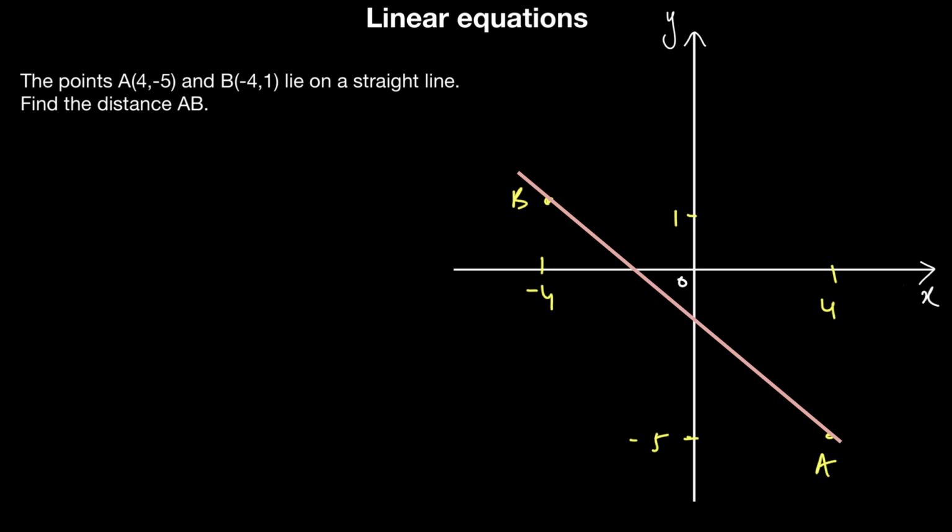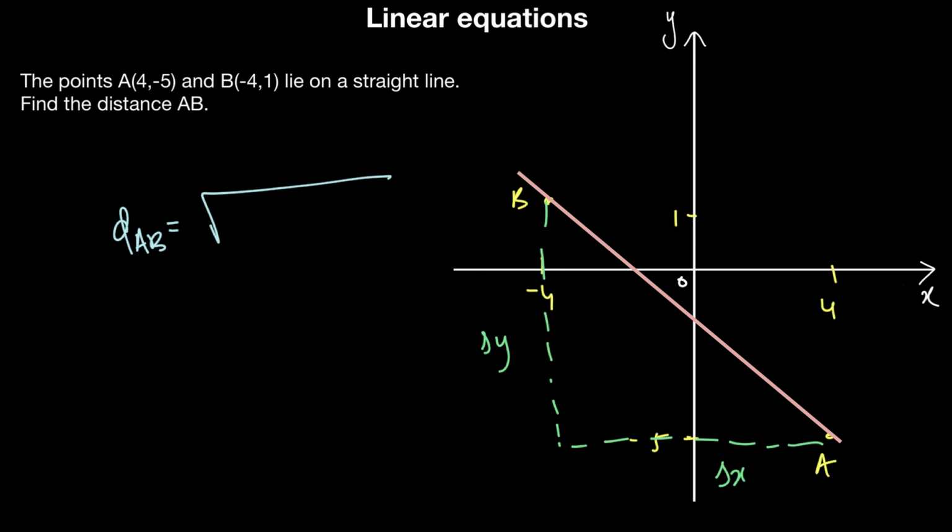So now they want us to find the length of this line segment AB that passes through both of these points. Now, we know from our calculations that the change in x, the whole thing squared, plus the change in y, the whole thing squared, is equal to the distance squared. So the distance between A and B, then, is what we just calculated: x2 minus x1, the whole thing squared, plus y2 minus y1, the whole thing squared.